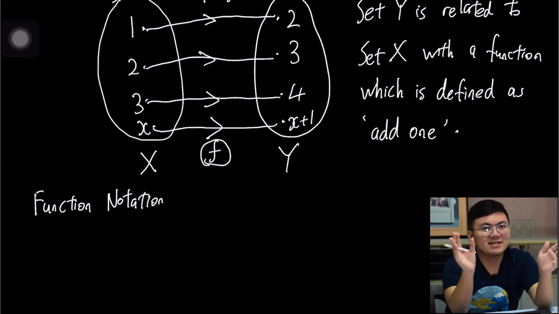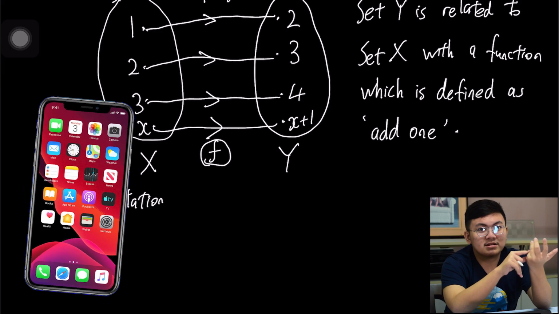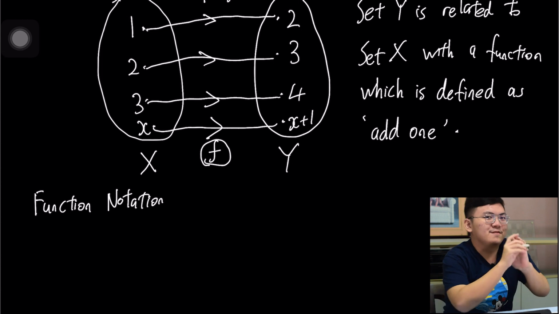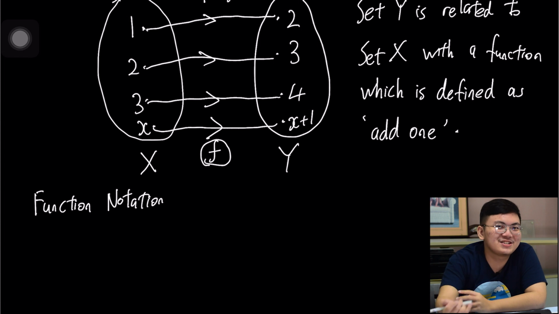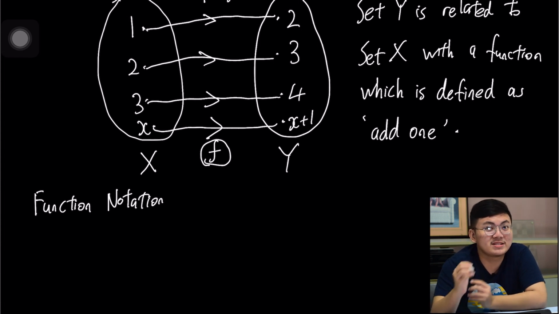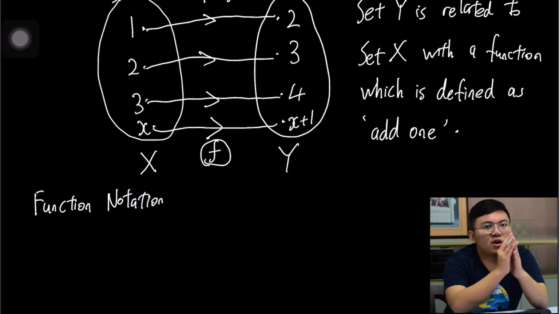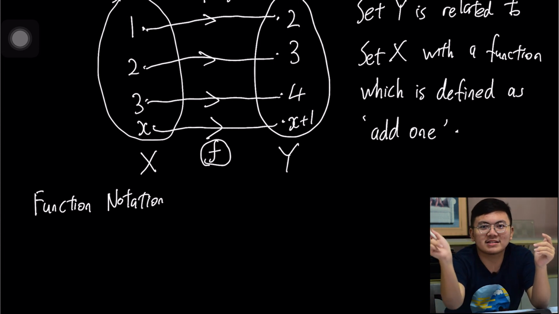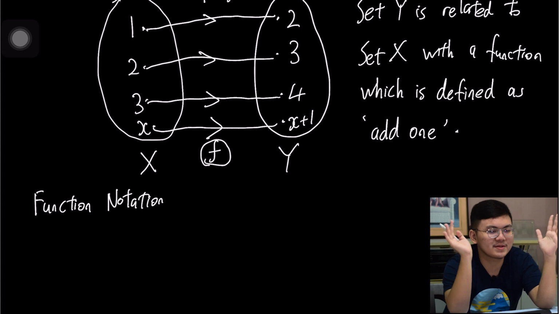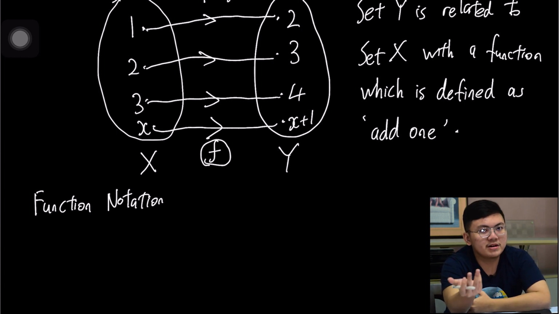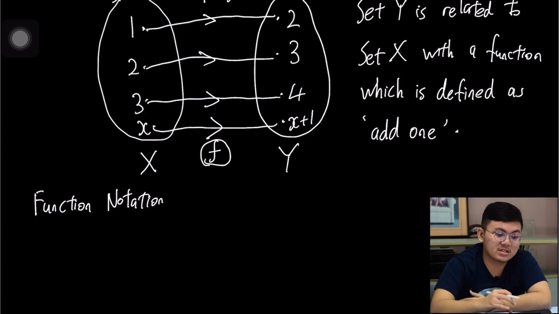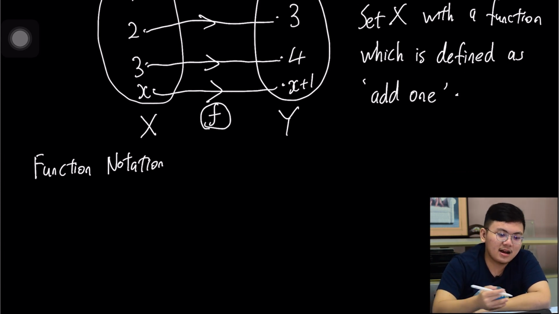They want to simplify and shorten it. So they just use certain alphabets or certain rules to describe the function. So how do they describe it?